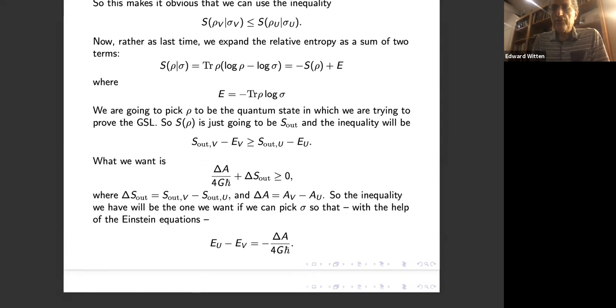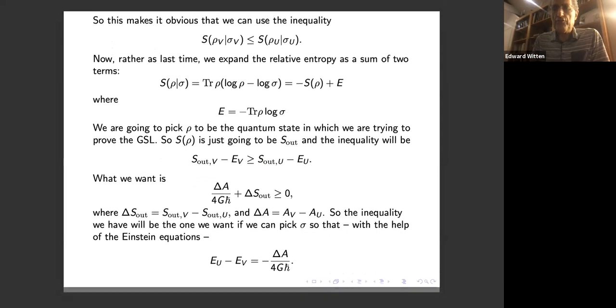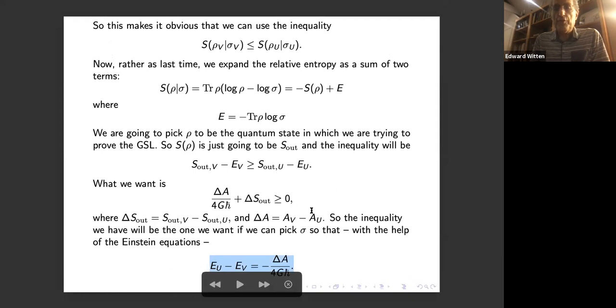So all we need is that Einstein's equation should give us this miraculous result here that we need to turn monotonicity of relative entropy into the generalized second law.